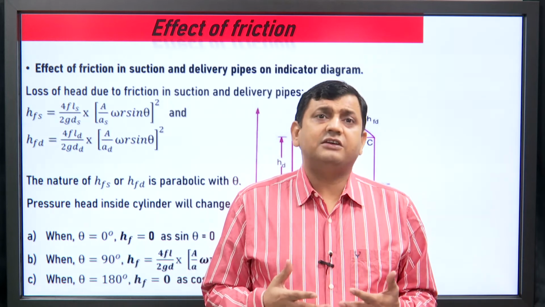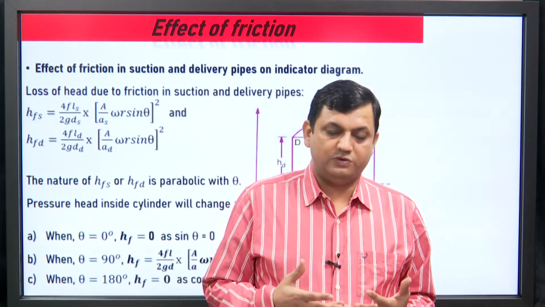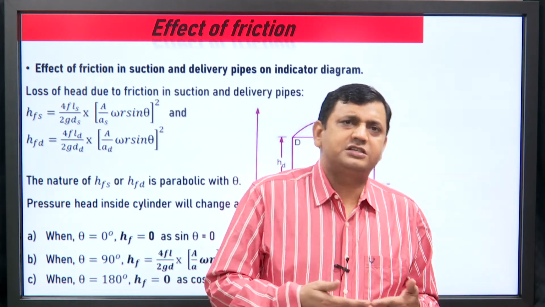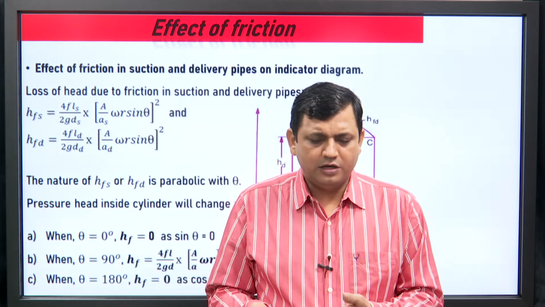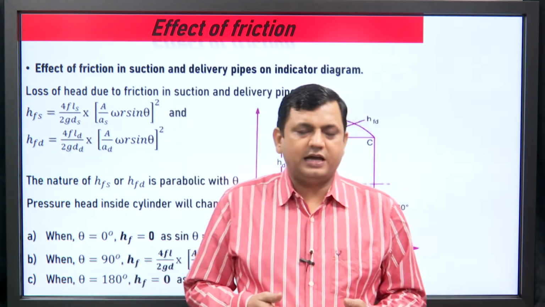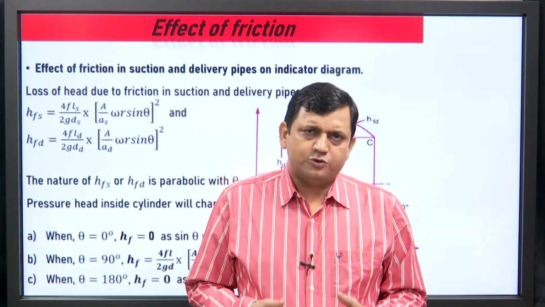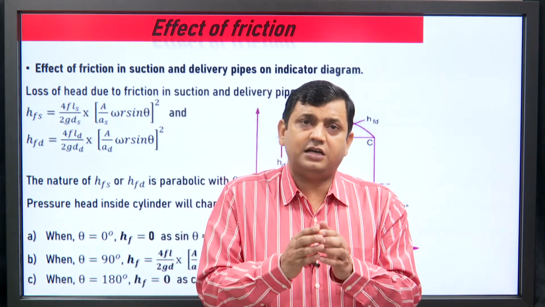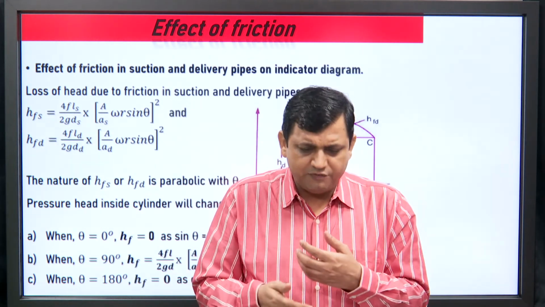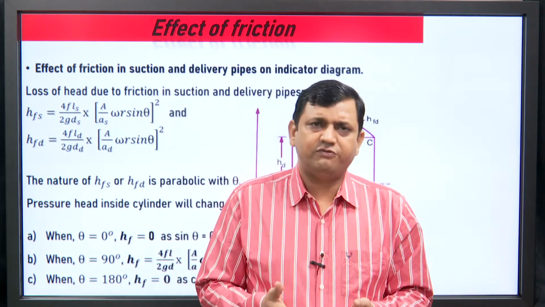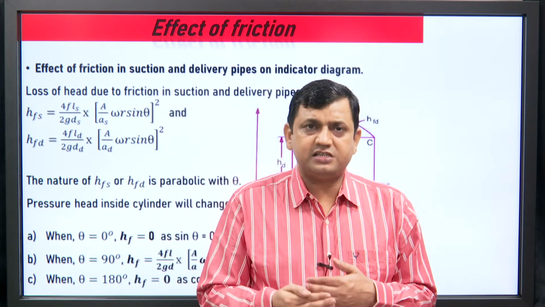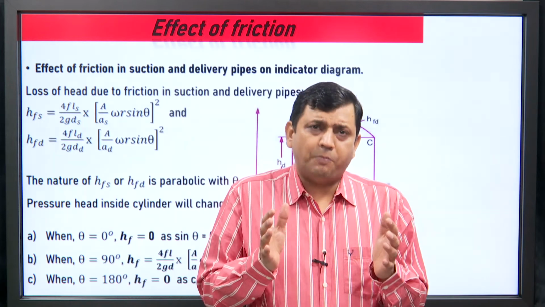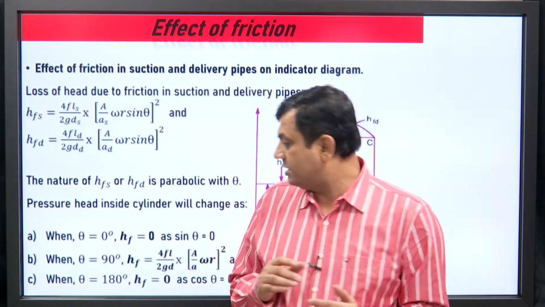At the beginning of any stroke sin 0 is 0, and at the end of the stroke sin 180 is 0, so again Hf equals 0. So at the beginning and the end of the stroke there is no effect of friction, but in the middle of the stroke we have the Hf. For suction it becomes Hfs, for delivery it becomes Hfd, and the nature is parabolic, because of the square.